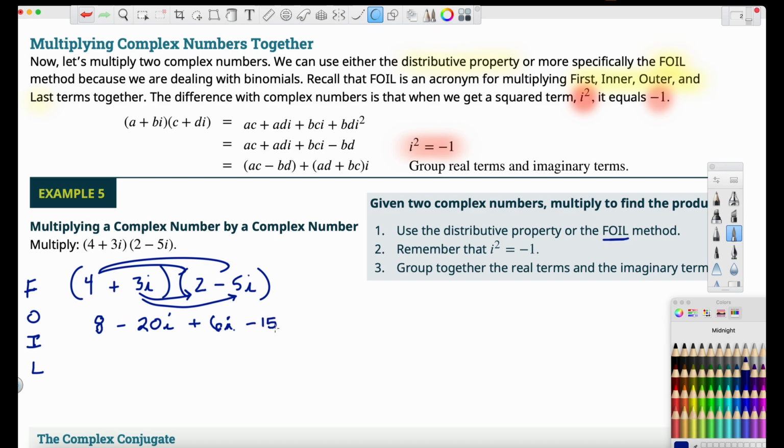And that's going to happen on this last term. 3i times -5i is -15i squared. It's highlighted there for you. 8 minus 20i plus 6i. Now here we get -15 times -1.